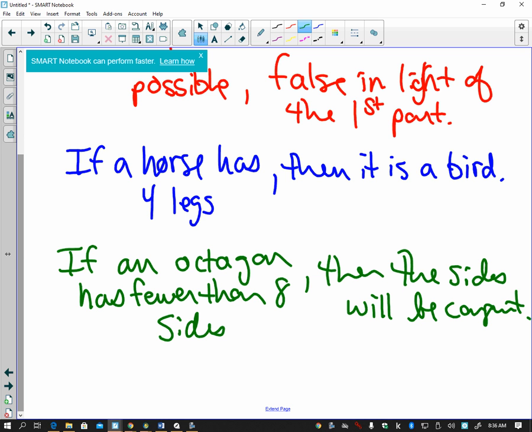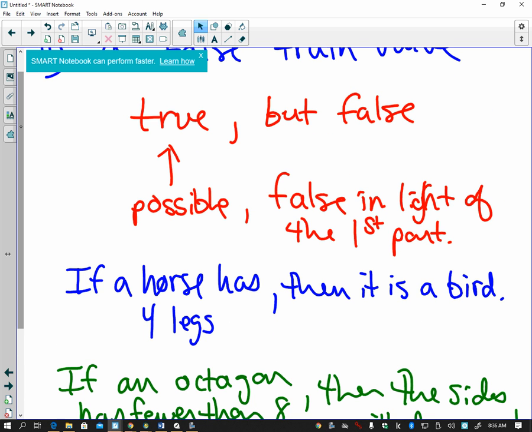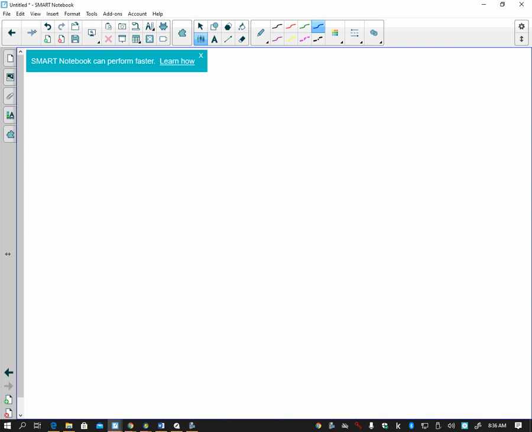So what we are looking for is a statement where the first part of it is true, but in light of the first part, the second side of it is false. Okay? Does that make sense? Hopefully I've been clear on that. Okay. So they're going to give you some statements. All right, I at least want to get through the first 5 or 6 if I can.